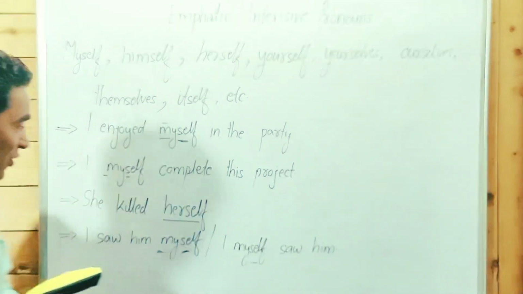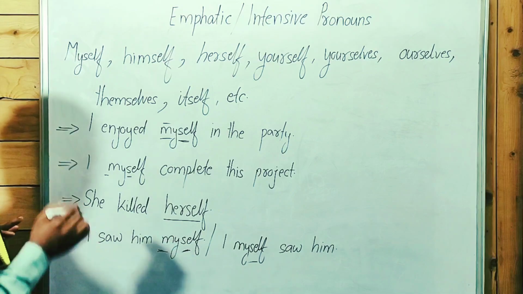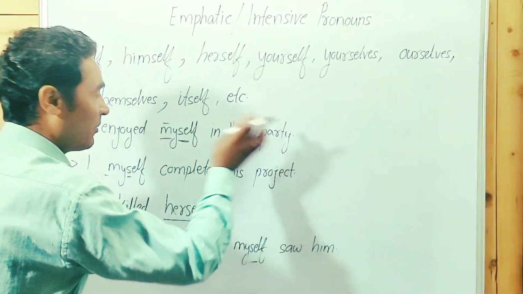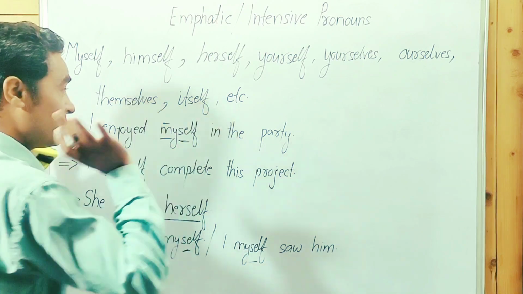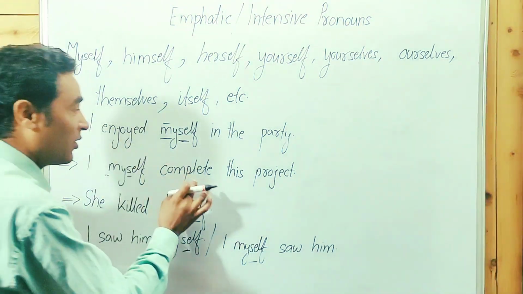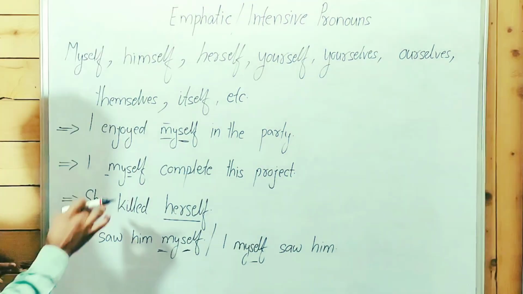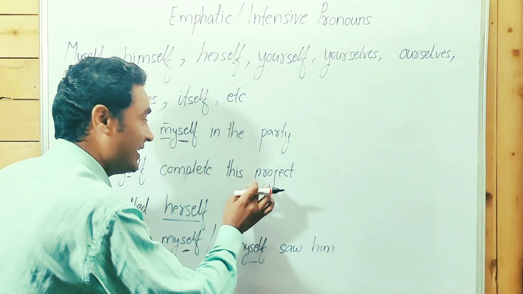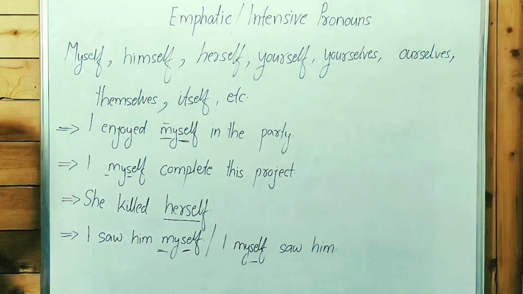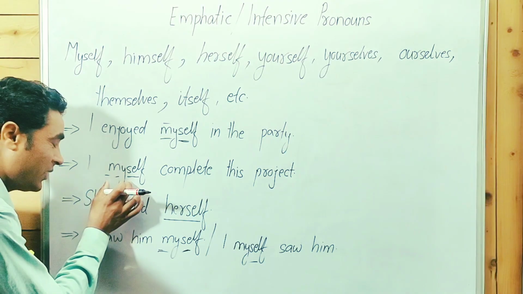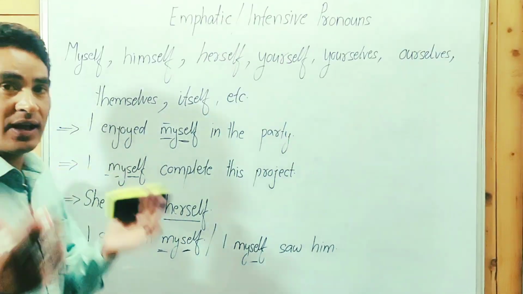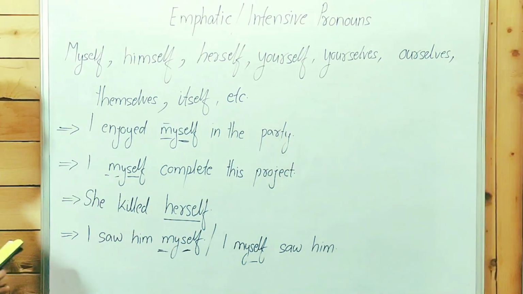So here you can say I enjoyed myself in the party. If you remove myself, the sentence will be incorrect. I myself complete this project. I complete this project. Both the sentences are correct, with the emphatic pronoun and without it.